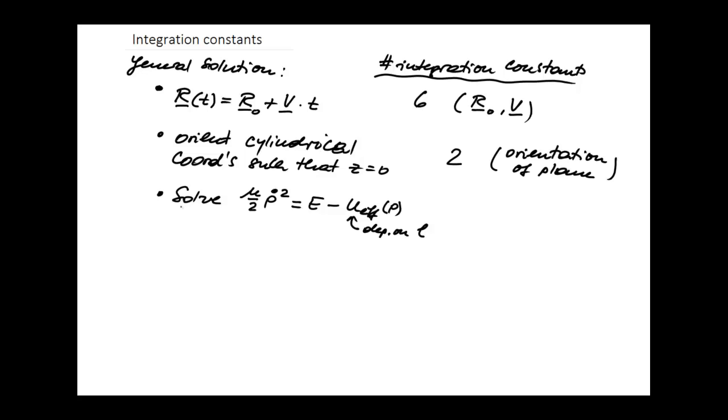Now, this expression we solve for rho of t. In the solution for rho of t, there will be another three parameters, namely the conserved energy E, the conserved angular momentum L, and an initial condition for rho, so rho at some initial time t0.